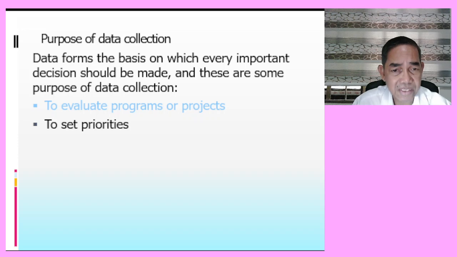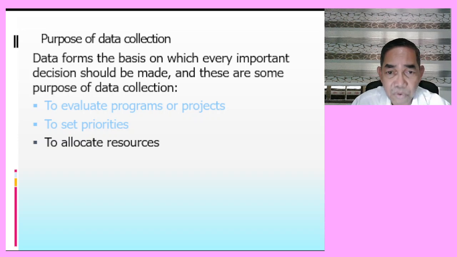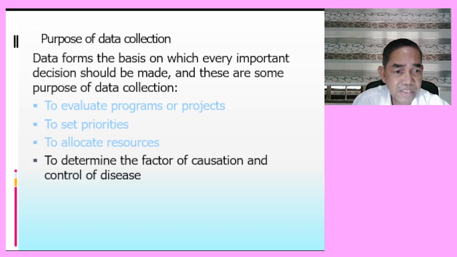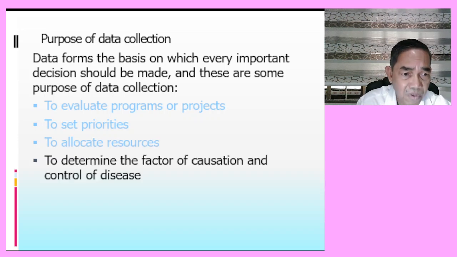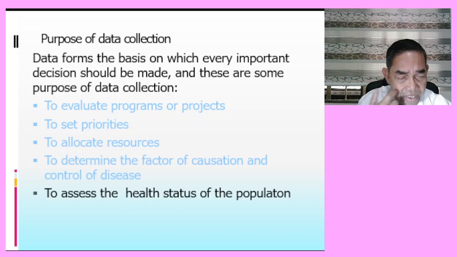To set priorities. So we only collect data that are of priority. To allocate resources. So another purpose. And then to determine the factors of causation and control of the disease, if that is the objective of the study. And to assess the health status of the population.